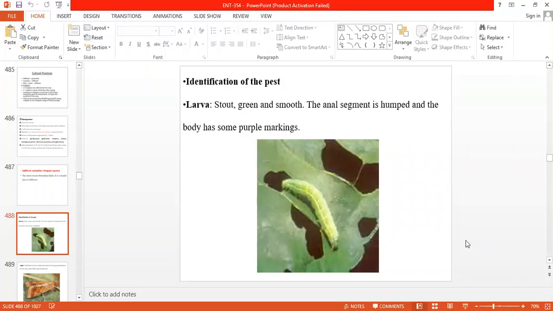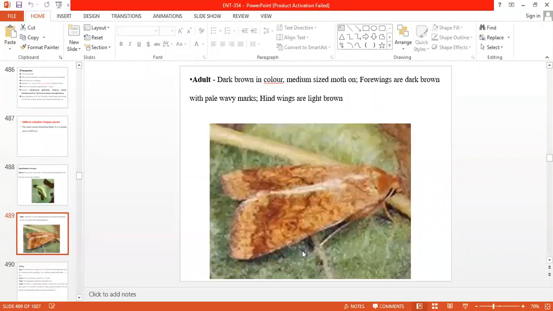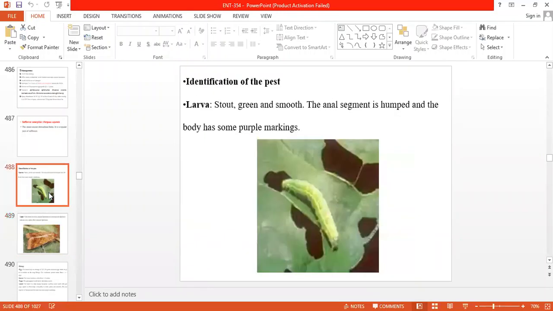Mark of identification: the moth is medium in size, dark brown in color with blackish brown forewings and light brown hindwings. The larval stage is greenish, becoming dark brown, 25 mm long in size. The anal segment of the larva is humped, and the body has some purple marking on its body surface.